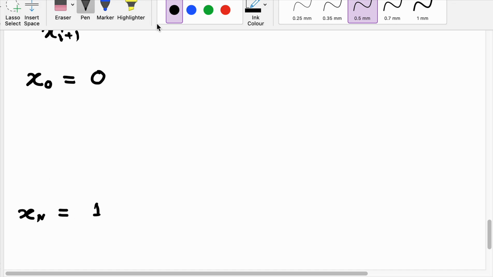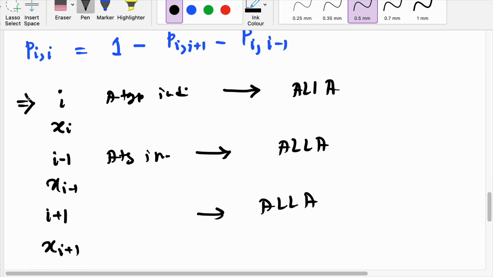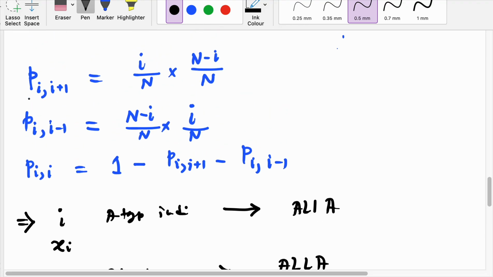Okay, if you have any question. Yes, I have a small point here. You wrote p I comma I plus 1. So from I number of A's we are moving to I plus 1 number of A's.